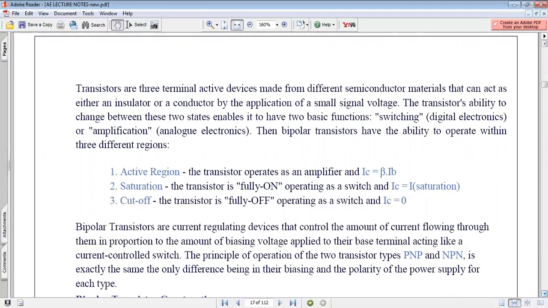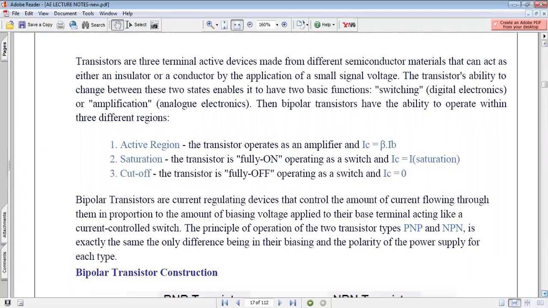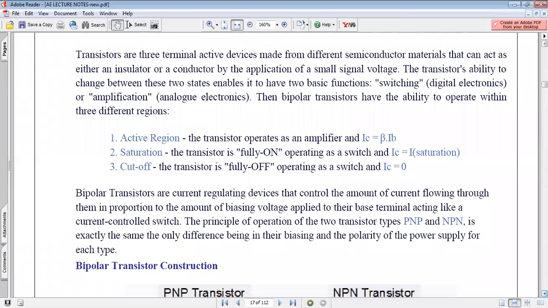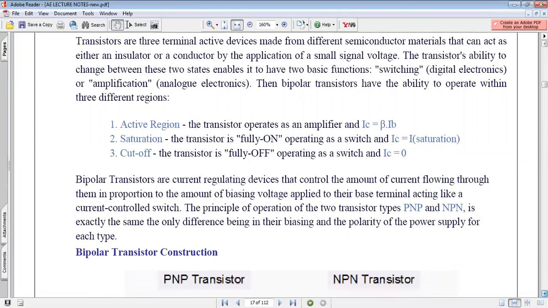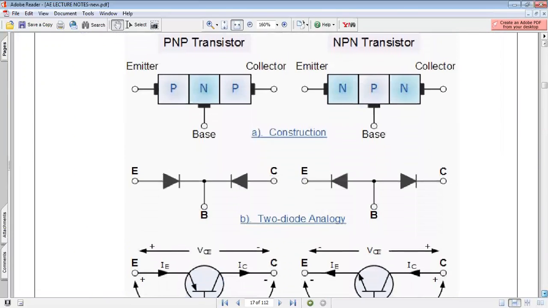In saturation region, it is fully on and operates as a switch, where the switch is either on or off. So in saturation region, it behaves as a switch. And in cutoff region, the transistor is fully off. So it behaves as a switch when the switch is off, open circuited. And in saturation region, the switch is on, short circuited or saturated.